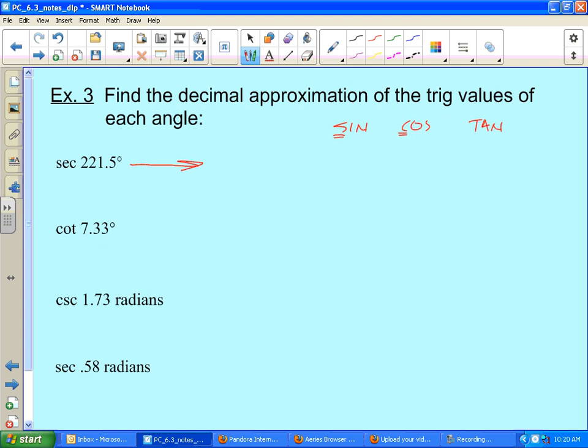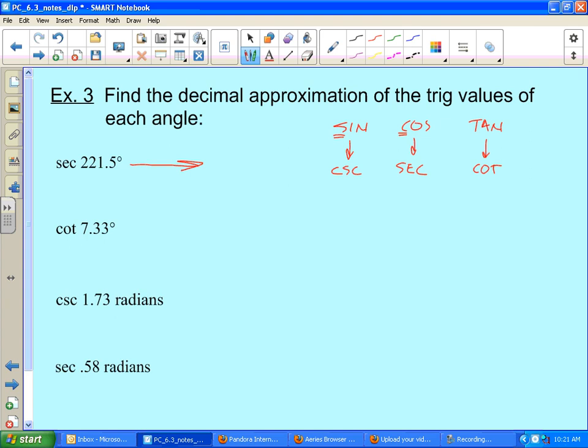The reciprocal functions start with the other letter: sine starts with a C instead of an S, and then cosine starts with an S instead of a C. And then tangent, that's easy, just cotangent. So that's how I remember it, and you guys can decide if that makes any sense.